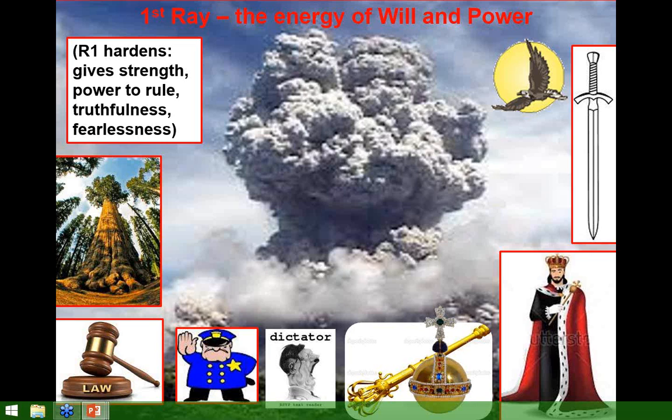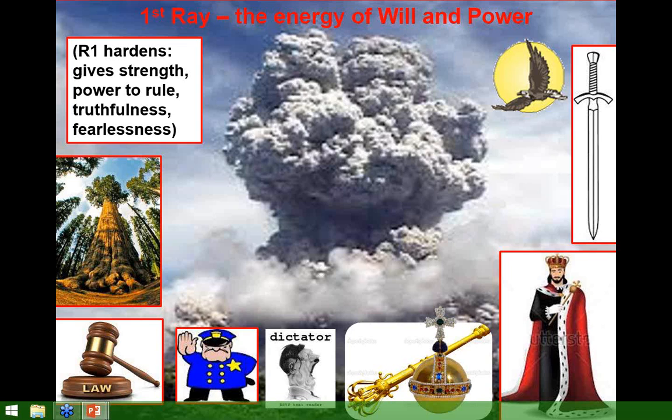And so first ray does not necessarily reside just in leaders. People on all levels of society can have that ray flowing through them. And then two great symbols that I have are the sword and the eagle soaring. And on the left-hand side, I've got a redwood tree.